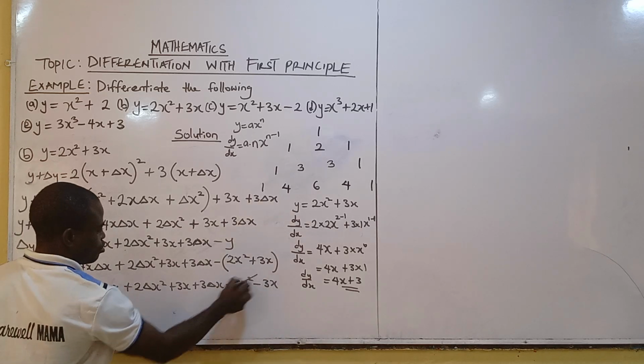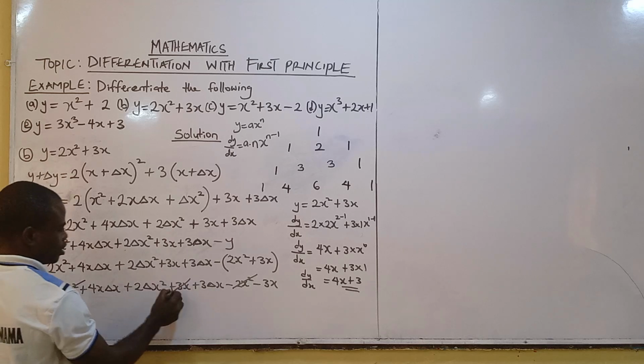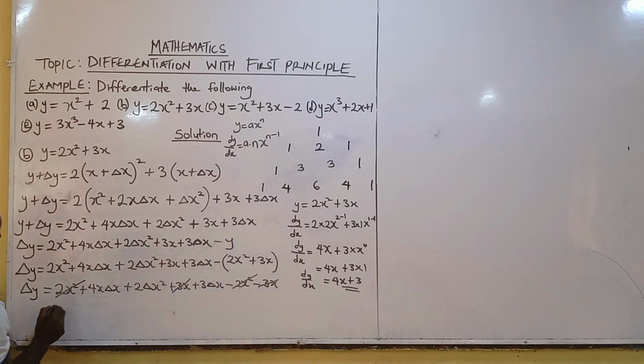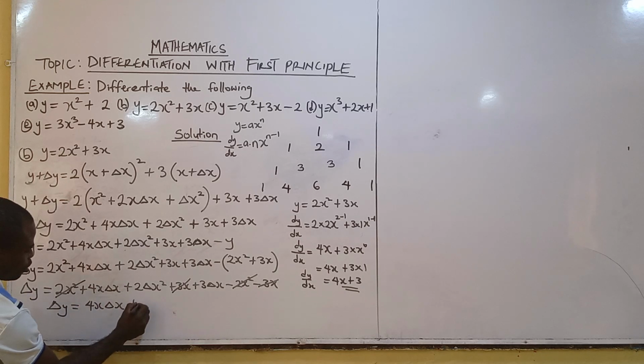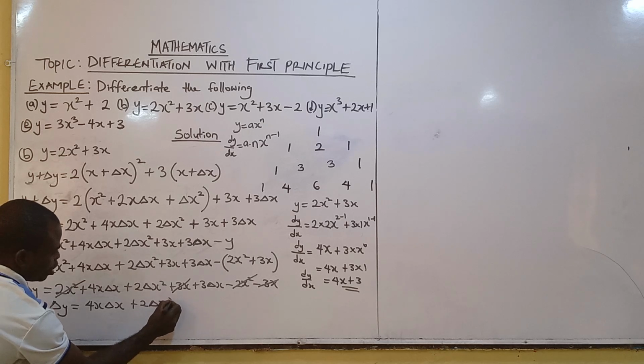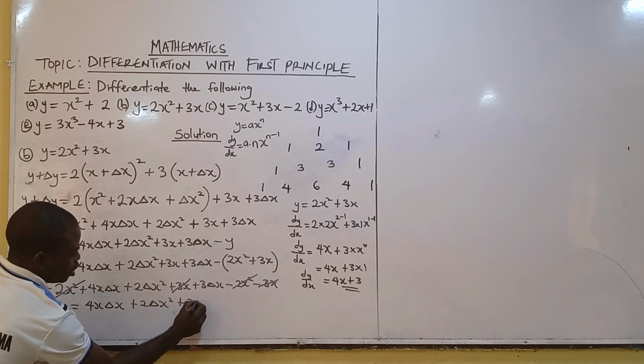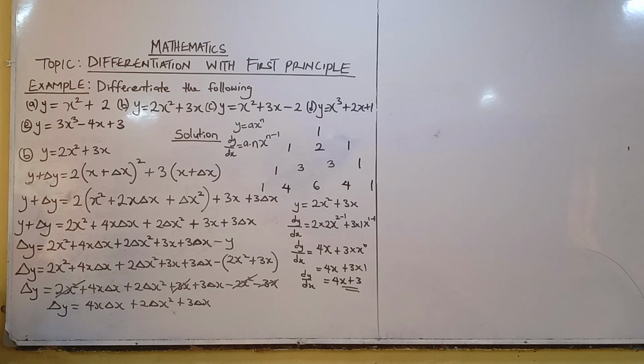These 2x squared cancel, minus 2x squared, plus 3x cancel minus 3x. You have dy equals 4x dx plus 2 dx squared plus 3 dx.